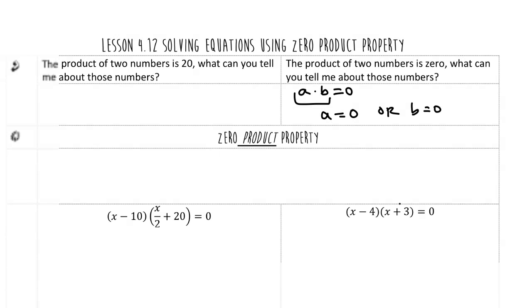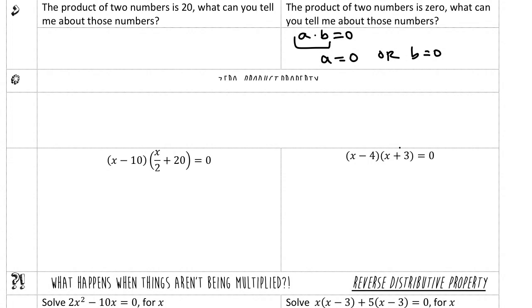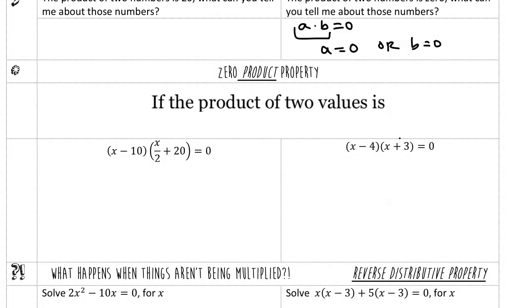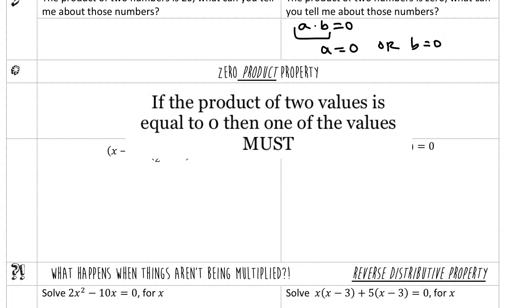Now, if we take that to mean exactly as we state it, then what we're saying is essentially the entire zero product property. The zero product property tells us that if the product of two values is equal to 0, then one of the values must be equal to 0.